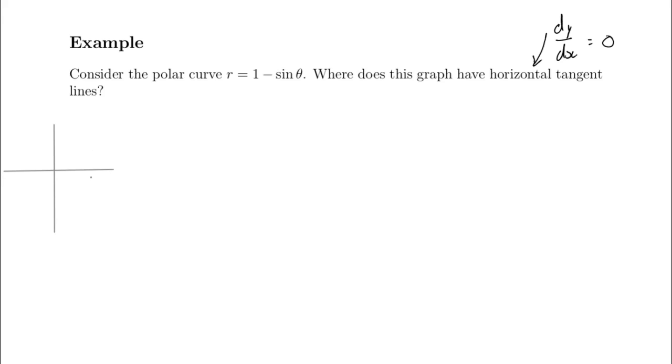We know that when theta starts at 0, sine theta is 0, and so that means our r is 1. So we're going to be here. And as we increase, sine is going to get bigger, meaning we're going to keep subtracting stuff until sine at theta equals pi over 2 is going to be 1. So we have this 1 minus 1. So we're going to have another point here. And it's going to look something like this.